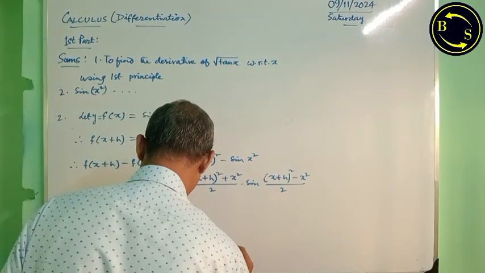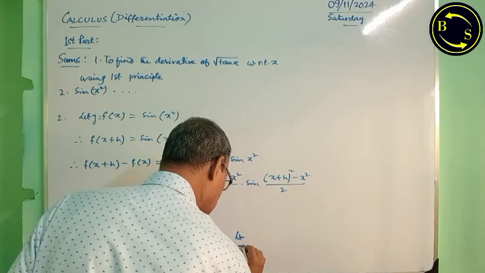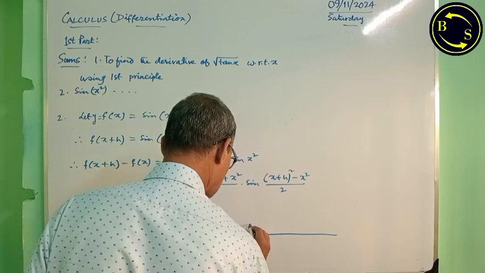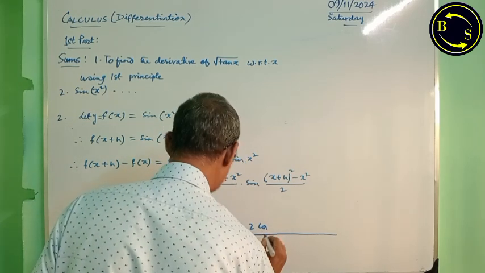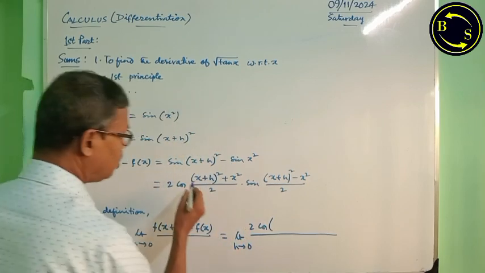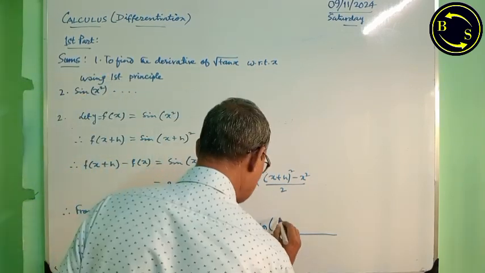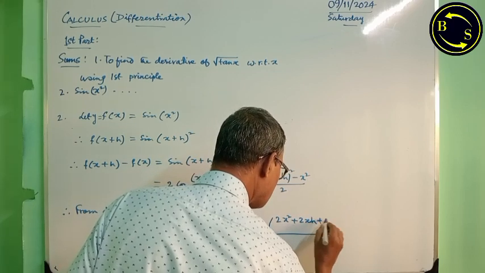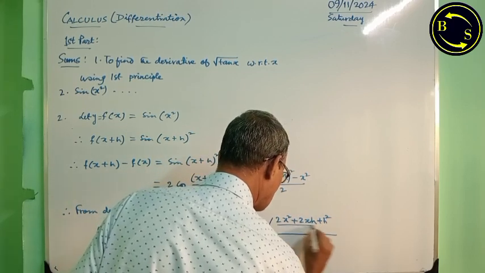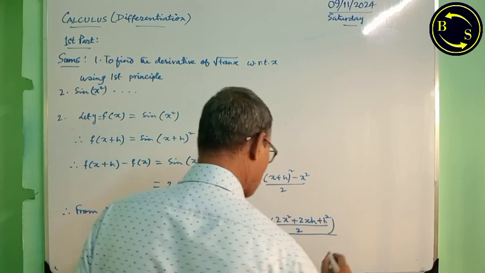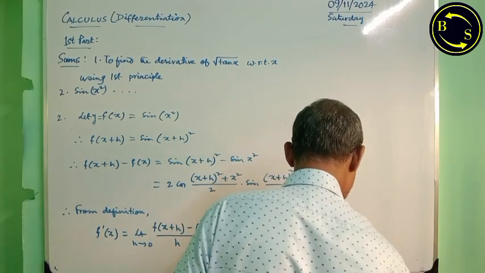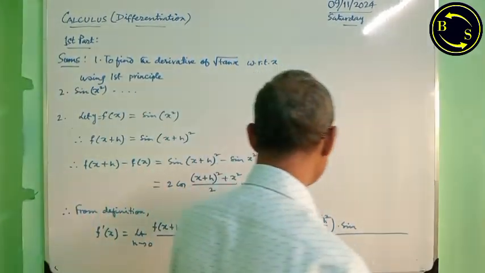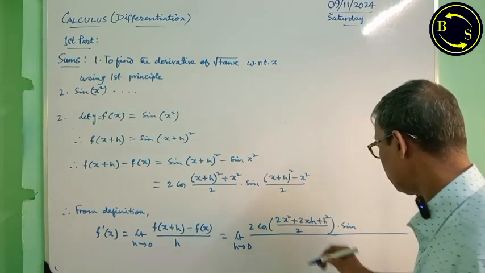We put the value, limit h tends to 0, 2 cos of, if we simplify, it will be (2x square plus 2xh plus h square) whole divided by 2, into sin of ((x plus h) whole square minus x square) will be cancelled.